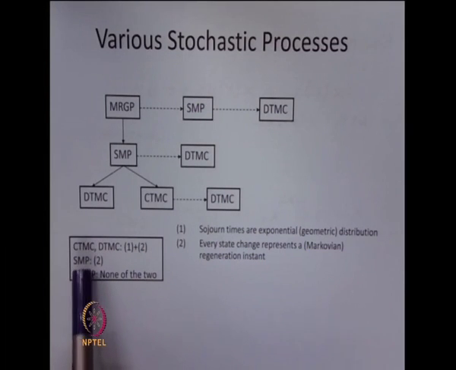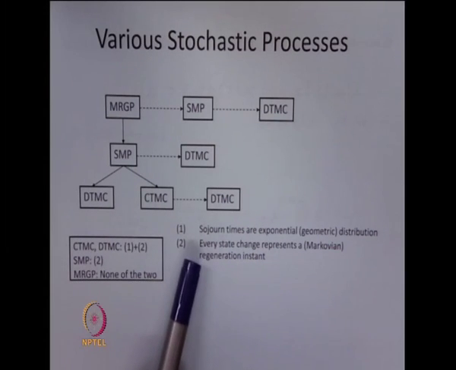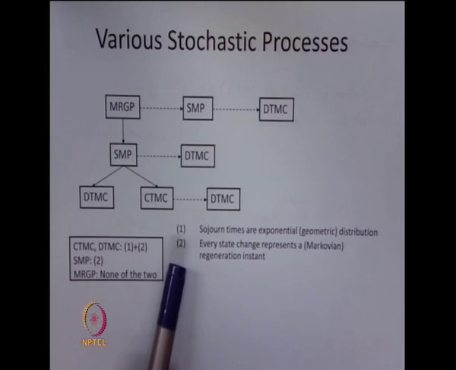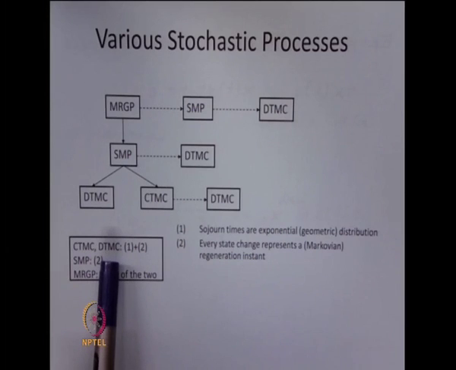Based on whether the time space is discrete or continuous, we have a discrete time Markov chain or a continuous time Markov chain. Whenever the two properties are satisfied, the stochastic process is said to be a Markov process, and if the state space is discrete, then the Markov process is called a Markov chain. Based on whether the time or parameter space is discrete or continuous, accordingly we have a discrete time Markov chain or continuous time Markov chain.